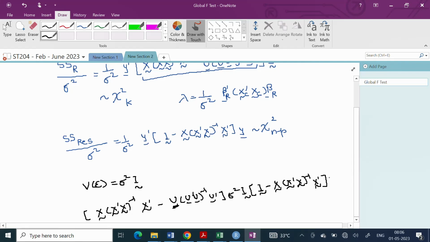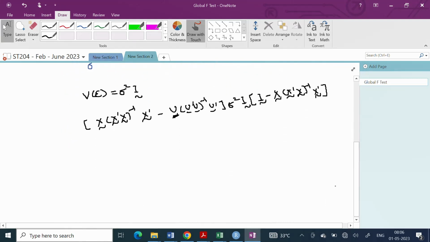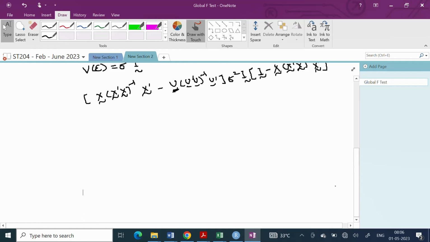So if the product of these three matrices is 0, then we can say that the two chi-squares are independent of each other, and hence the ratio will be F.